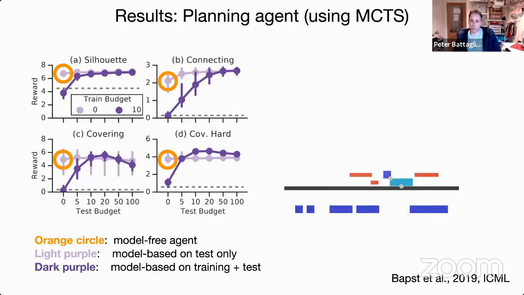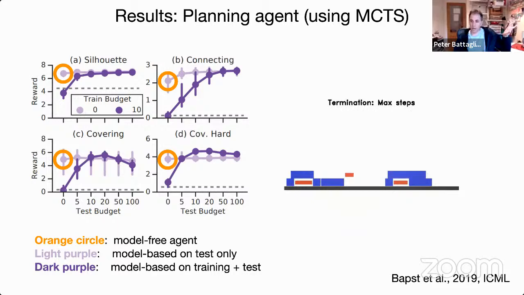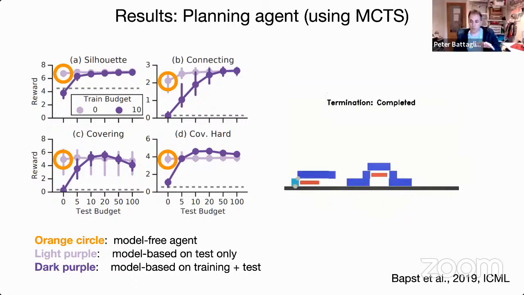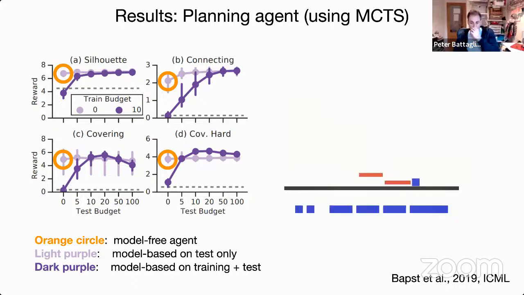What I'm showing here in these plots, the orange is the performance I showed before. That's the model-free agent, those orange circles. And just to draw your attention, the dark purple is the model-based agent, both during training and test. You can see in the covering hard task in particular, the model-based agent starts to do much better than the model-free agent now.